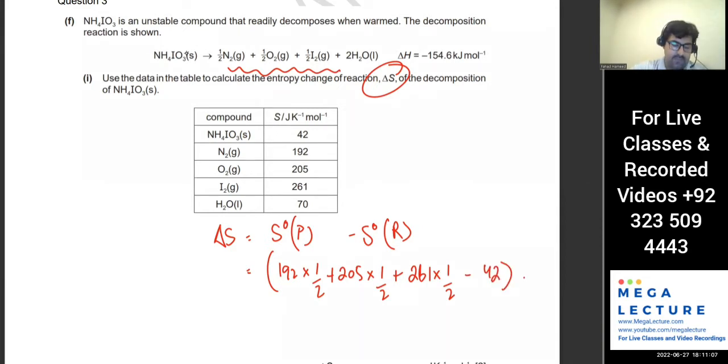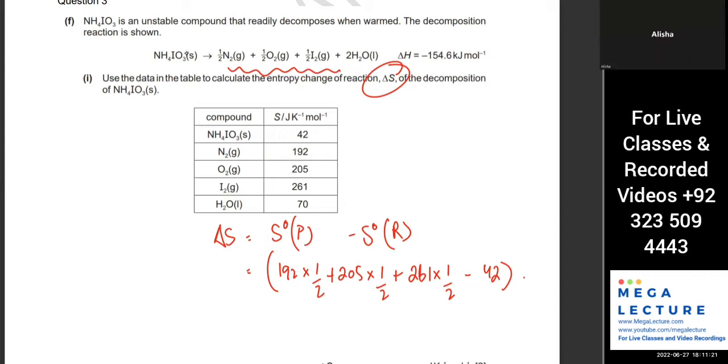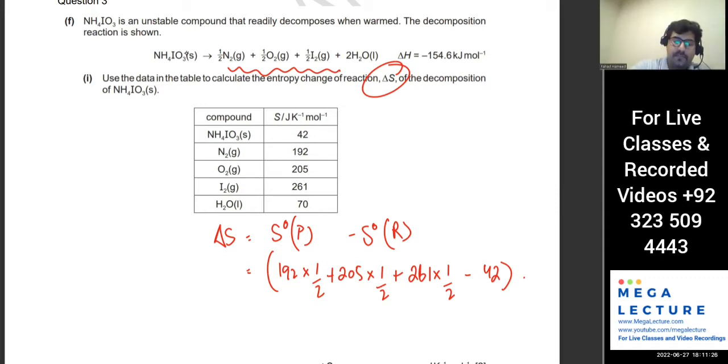What are you getting? 287, right? And remember, joules per mole per Kelvin, or joules per Kelvin per mole, same thing.